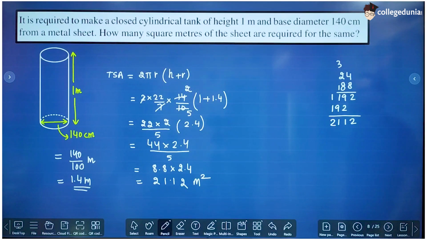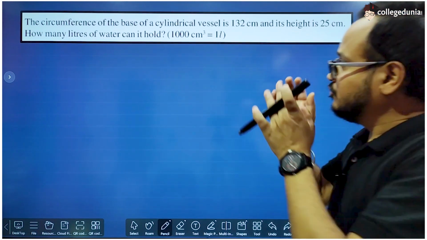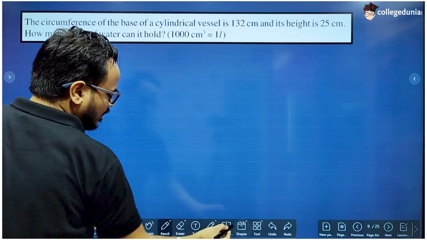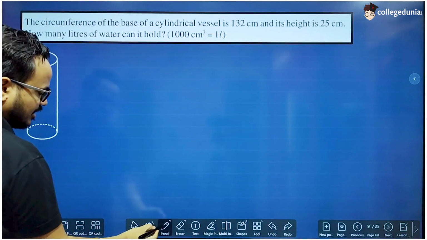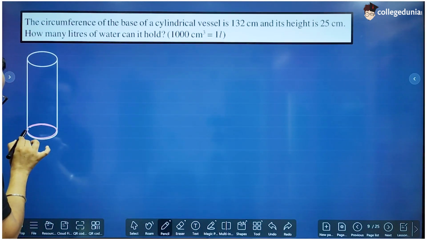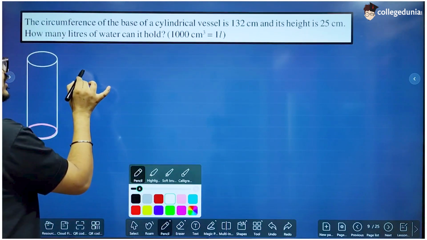Next, the circumference of the base of a cylindrical vessel is 132 centimeter. We have a cylindrical vessel and the circumference of the base, that is the total length of this circle, is 132.